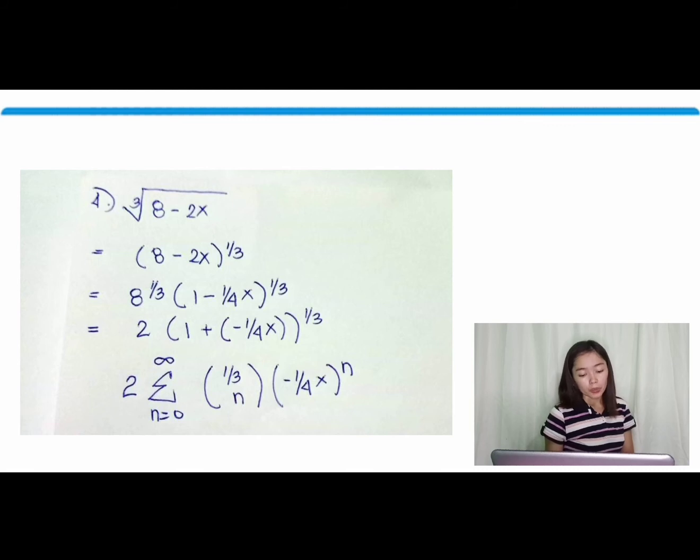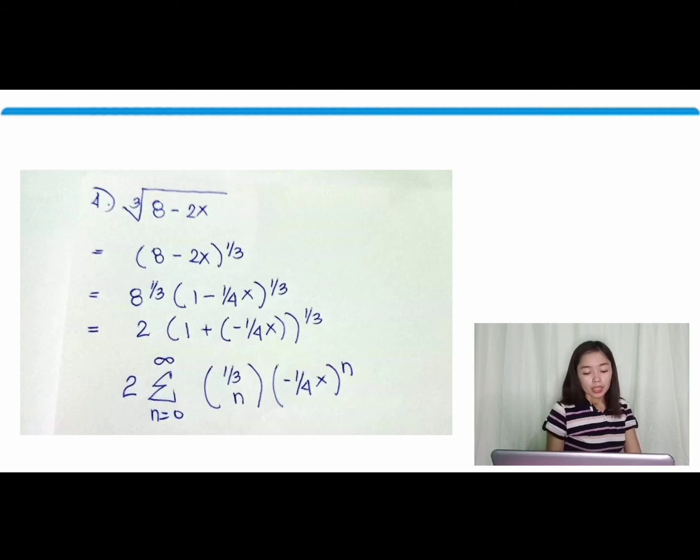Then we have 8 raised to 1/3 multiplied by 1 minus 1/4 x raised to 1/3. 8 raised to 1/3 is 2, multiplied by 1 plus negative 1/4 x raised to 1/3. So, it is already in the proper form. Now, we'll plug it into the general form.